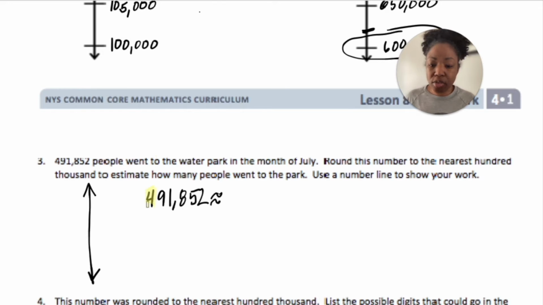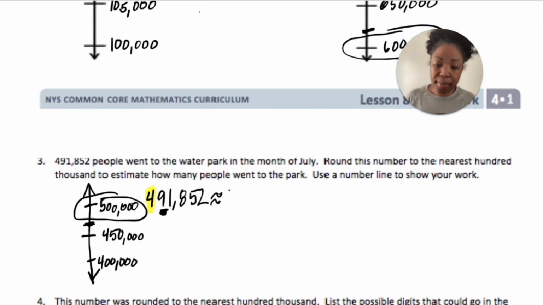There are 400,000s. So the bottom number is 400,000. Top number is 500,000. Halfway is 450,000. This is 490,000. That's more than 450.